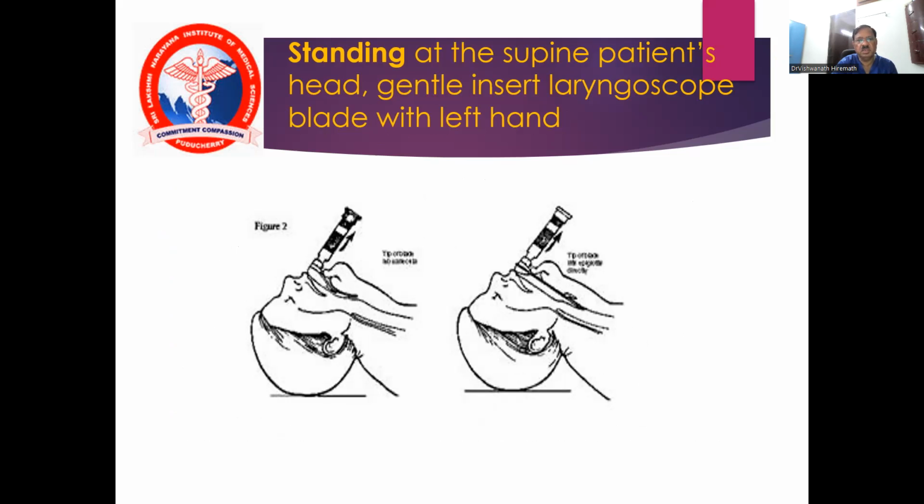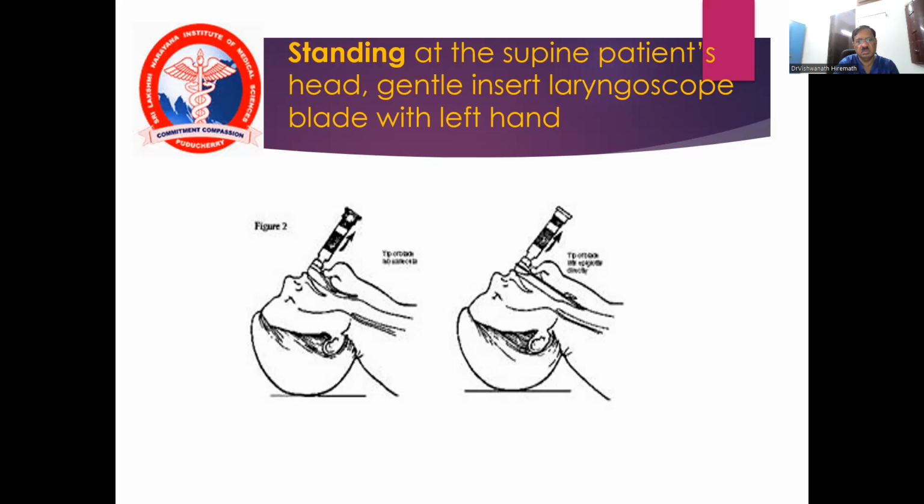So, as I explained, standing at the patient's head, gently insert the laryngoscope blade with the left hand. Push the tongue towards the left side of the patient.